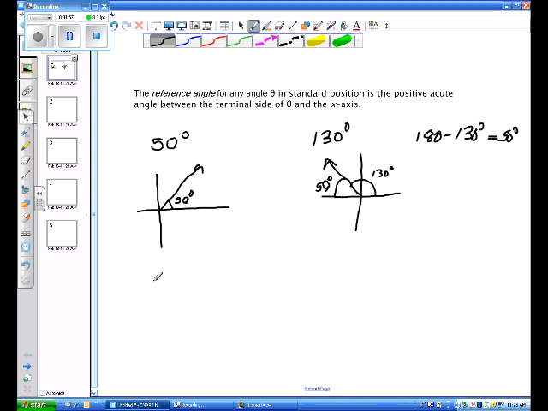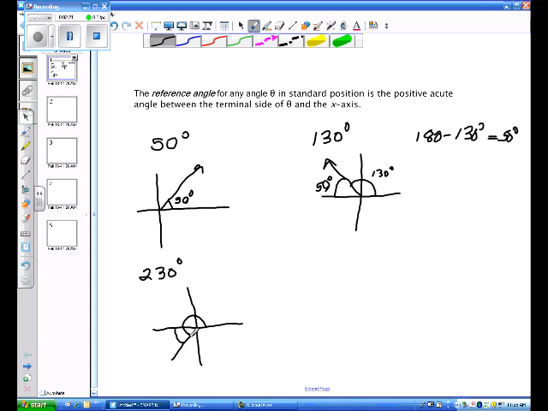If we had 230 degrees, and we wanted to know our reference angle, well, if we draw our angle in standard position, that puts us around here in the third quadrant. Now, our reference angle is the angle between the terminal side and the x-axis. You always go to the x-axis.